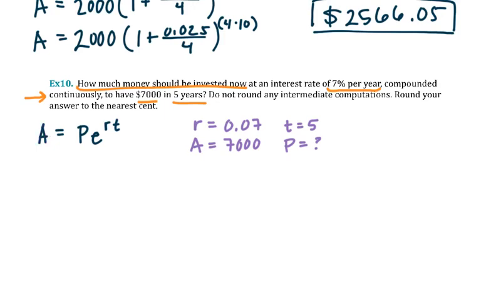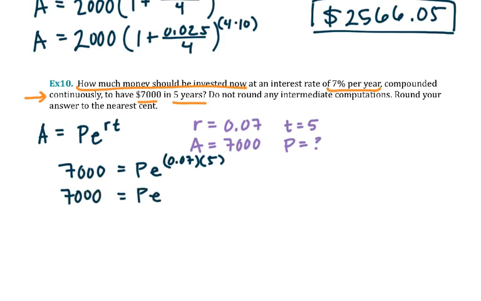So in order to solve this problem, I'll plug all my values in. 7,000 equals P e to the, my rate 0.07 times 5, or 7,000 equals P e, that exponent becomes 0.35.